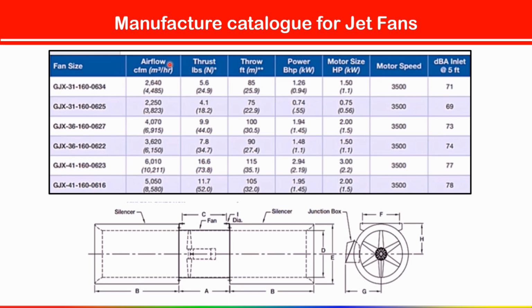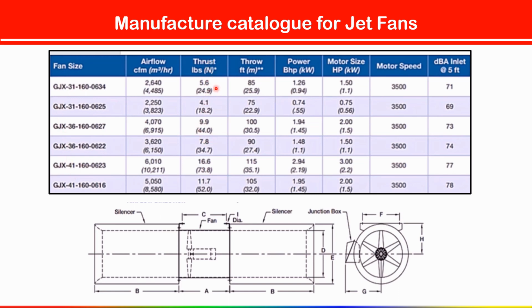Once you get the exhaust air flow rate, you can see here in the second column exhaust air CFM is given: 2640, 2250 CFM, 4070 CFM.